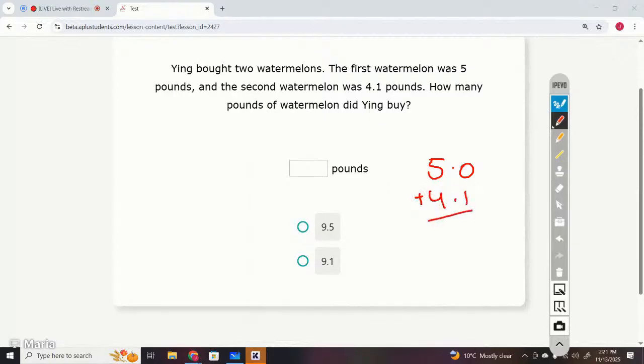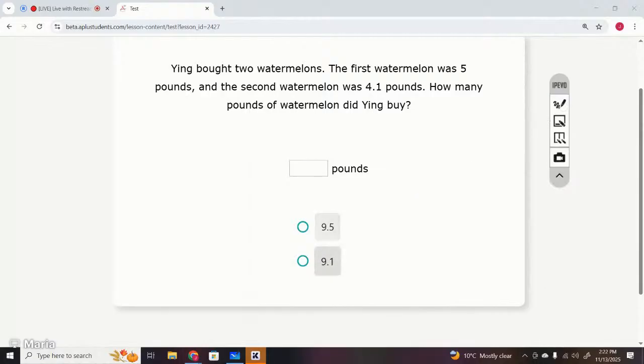So 0 plus 1 is 1 and 5 plus 4 is 9. So the correct option is 9.1. Option number 2 is the correct option.